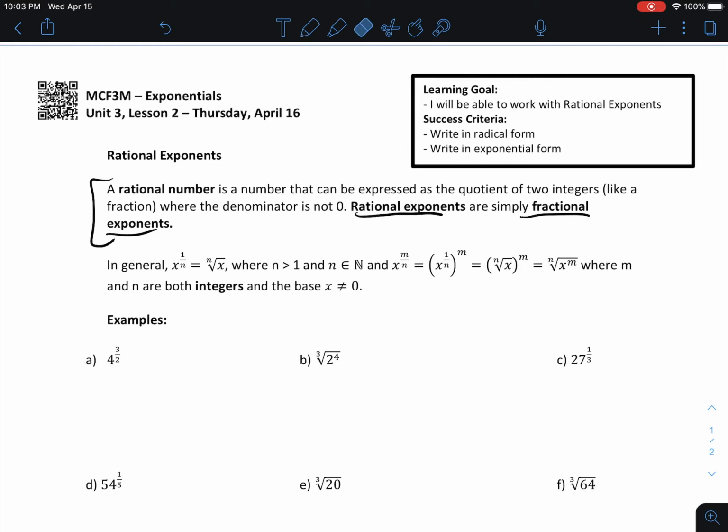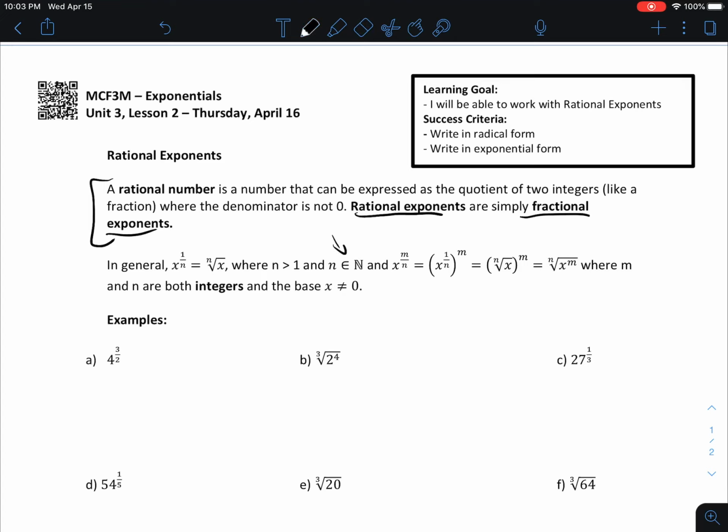You can already see what that looks like. In general, you're going to have a base, and then the base is going to be raised to an exponent, whatever it is. In this case, we have 1 over n. n is always greater than 1.